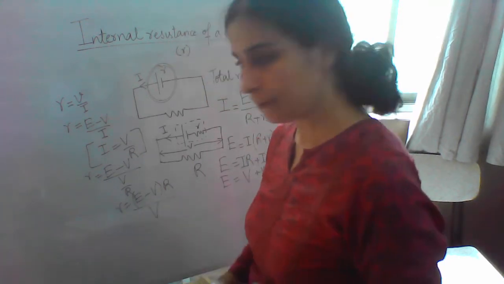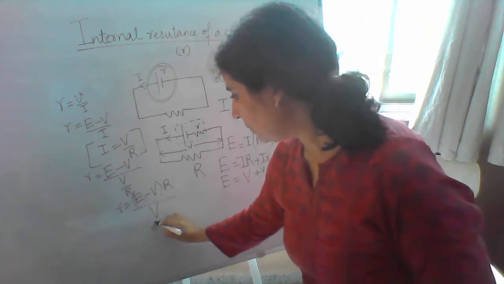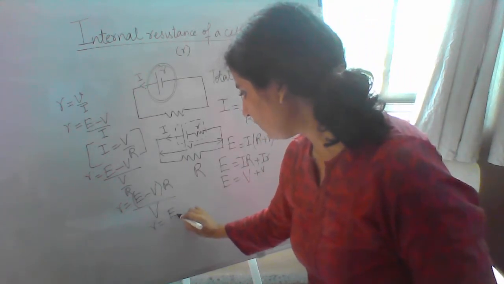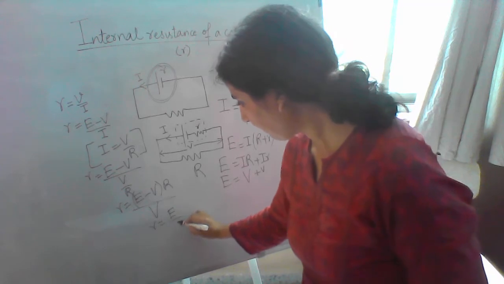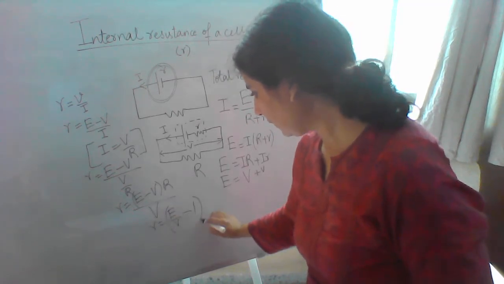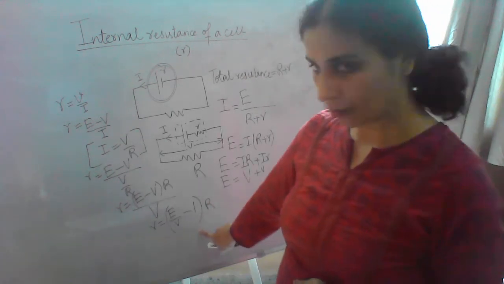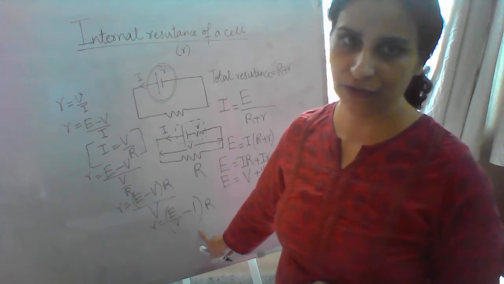Let me divide by V both the terms. So this will give me E by V, and V by V will give me 1. Outside the bracket it's R. Okay, so this is my formula for the internal resistance of a cell: r = (E/V - 1)R.